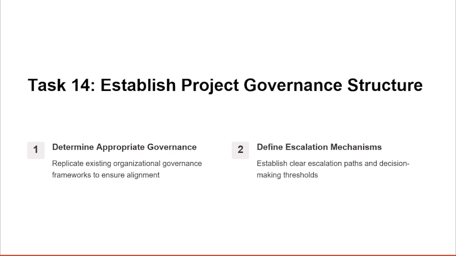For instance, a complex, high-risk project may require a more structured, formal governance model with clear roles and oversight from a steering committee, while a smaller, less critical project might require a flexible, agile approach.